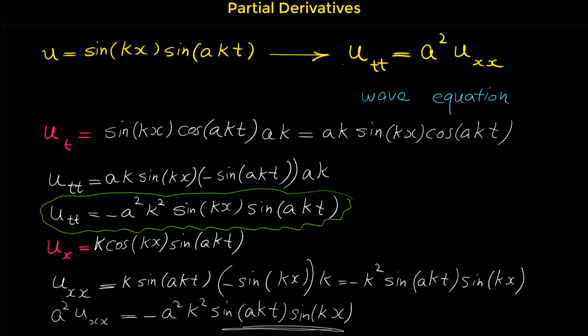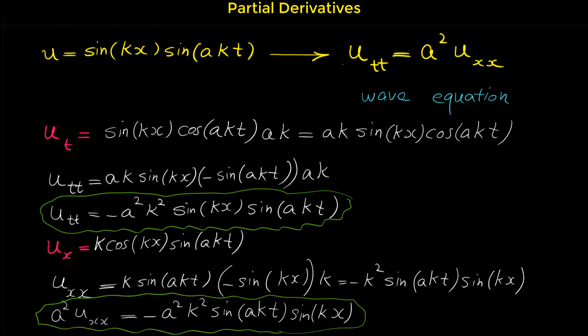Note that here you can write sine of kx first and sine of akt after that. Now if you compare this expression with this expression here, you can see that they are equal to each other. So it shows that this function is a solution for the wave equation.